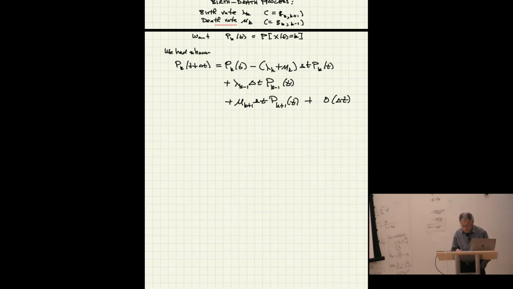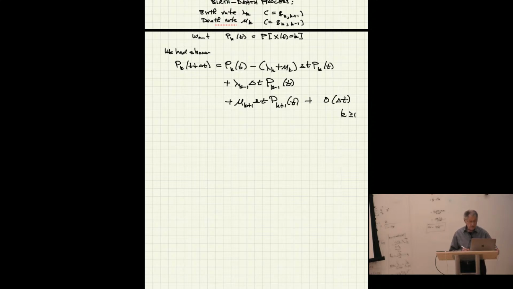And we ended up with this equation last time. We're in the middle of deriving a solution. We came to this point that p k of t plus delta t is described in terms of itself, the state 1 less and the state 1 more. And the next equation we needed was the one for k equals 0. This is for k greater than or equal to 1.